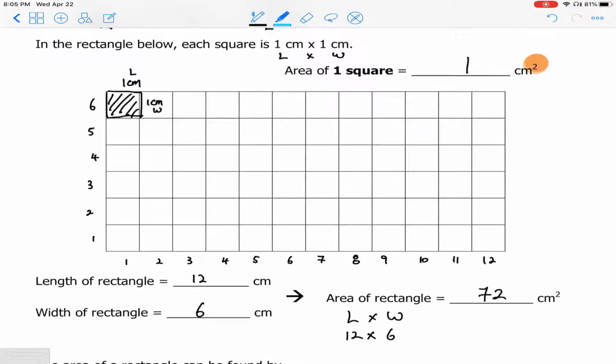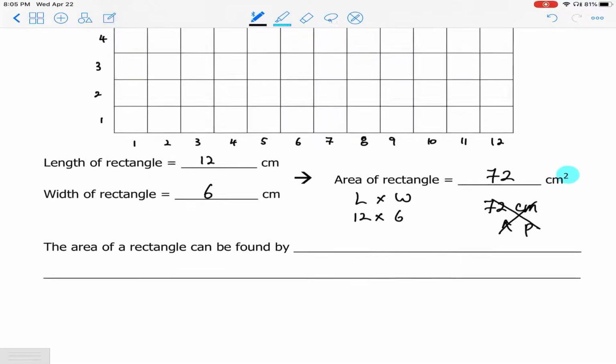Now, something again, the square. If you put just 72 centimeters, then this basically tells me the perimeter. But here we're looking for the area, so that's going to be completely wrong. When I give you an assignment and you miss the square sign in your unit, I won't take that as a proper answer and you will lose full marks for that. Okay, so be really careful with that.